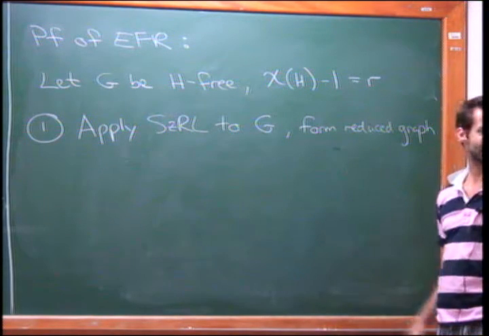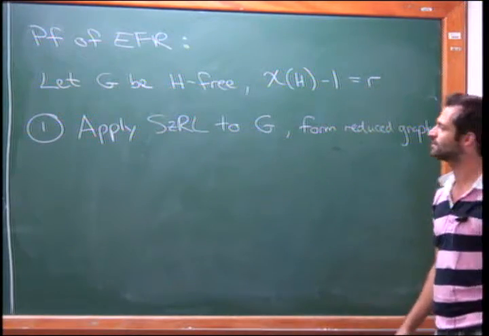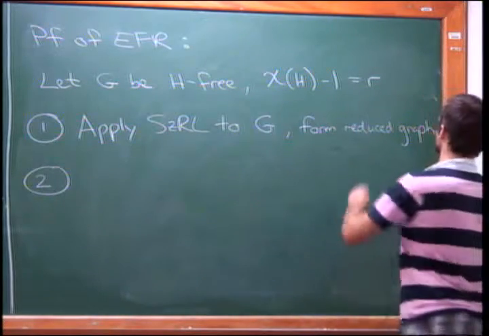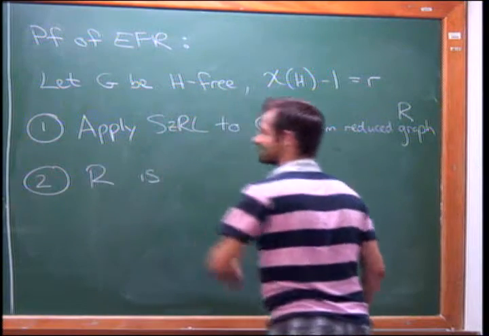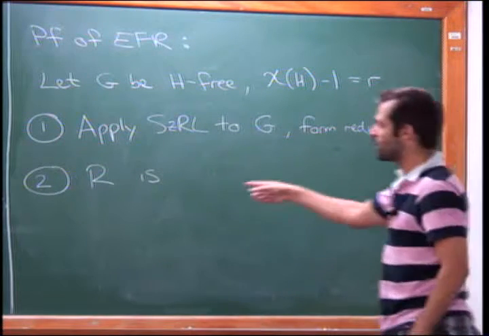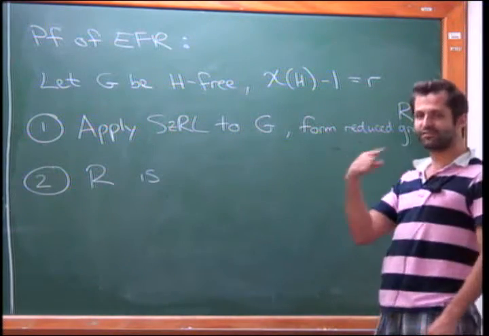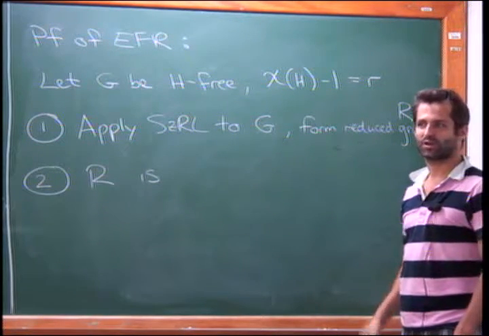So you apply the regularity lemma, as always. You form the reduced graph, as always. What do we observe about the reduced graph? We know that G is H-free, so R is definitely H-free, but even more, what does it also avoid?